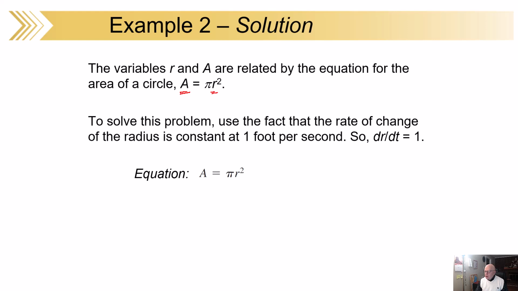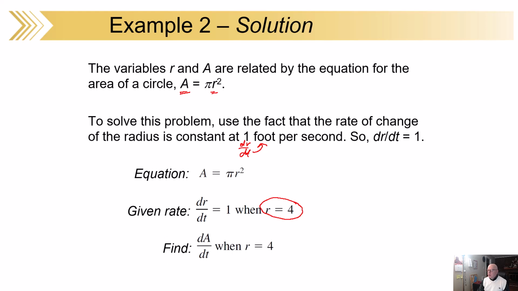The rate of change of the radius, dr/dt, is this 1 foot per second. So our given rate is 1, and we're interested in how the area is changing when the radius gets 4 feet in, 4 feet from the center.